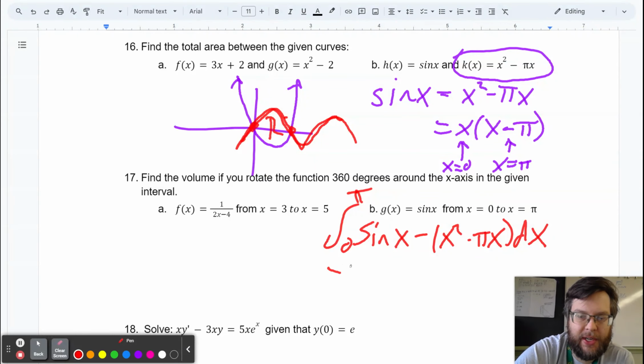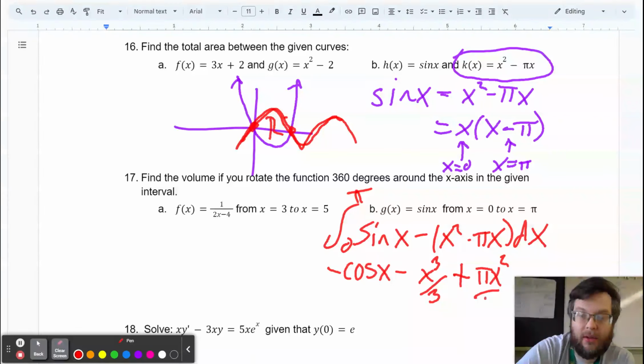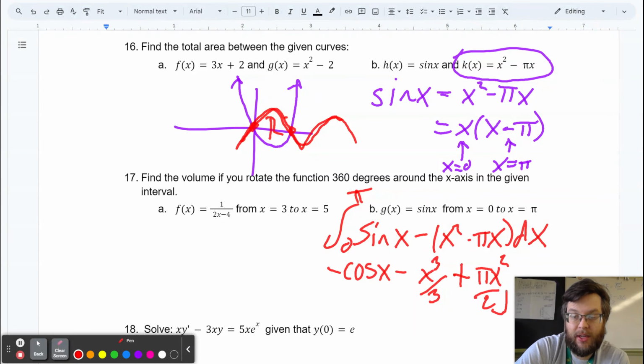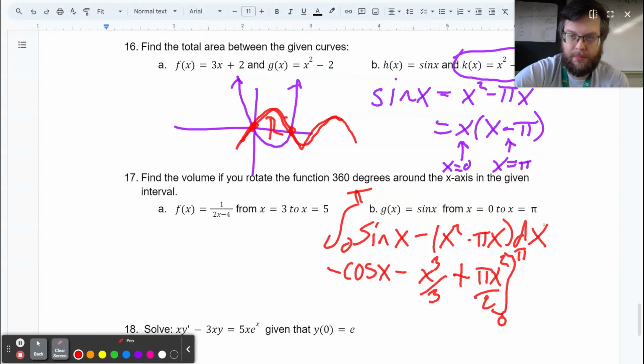So the integral of sine is negative cosine, integral of x squared, double negative integral of pi x, evaluated from 0 up to pi. And yeah, same idea, you can plug it in.